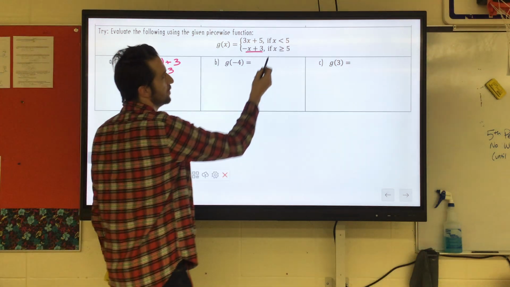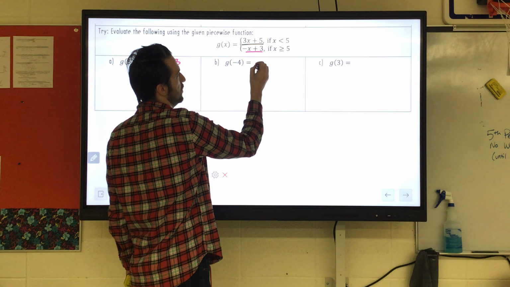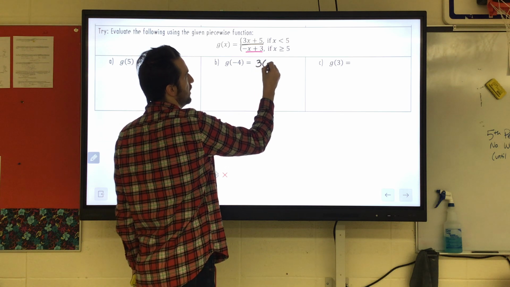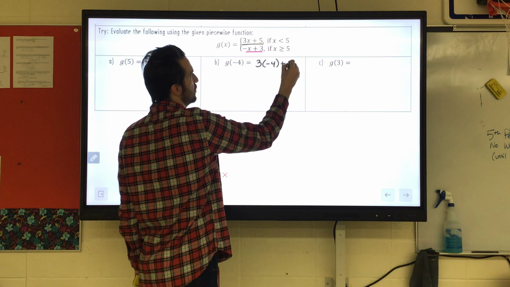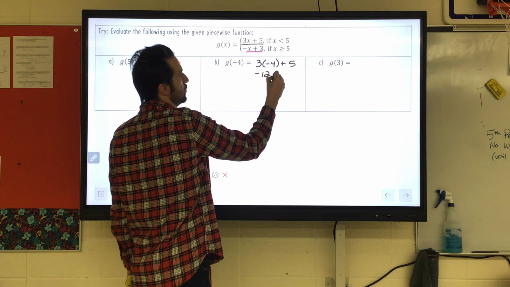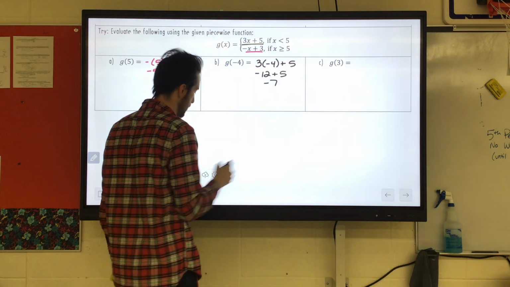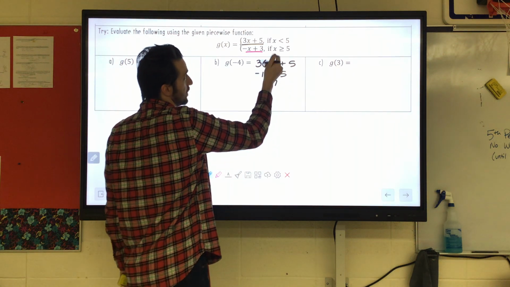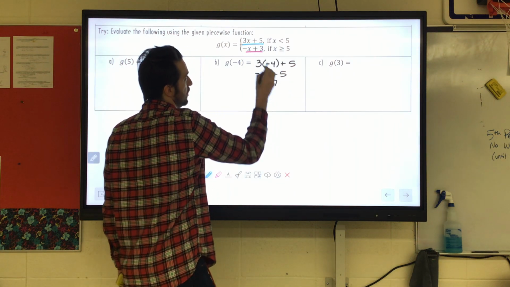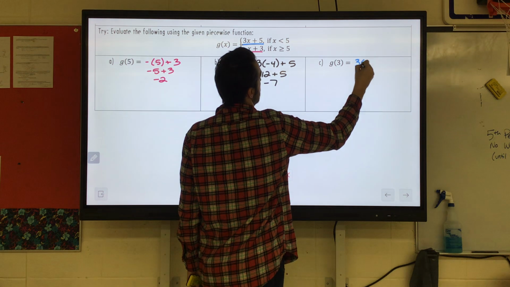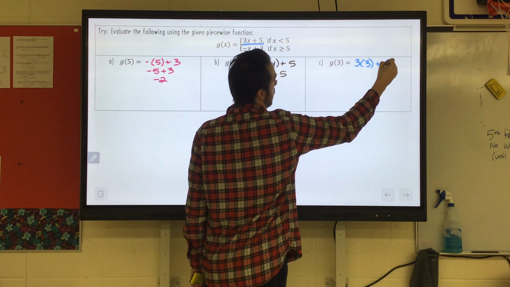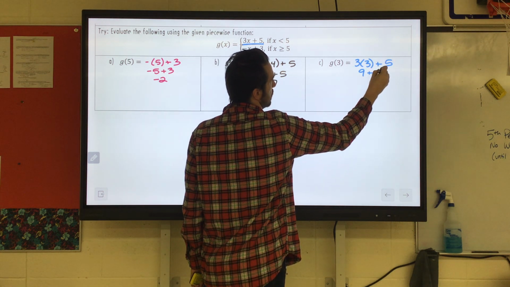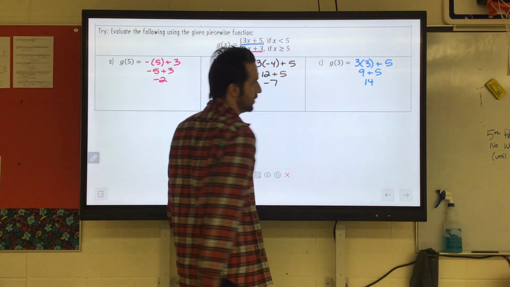Negative 4 is less than 5, so we're using this equation, 3x plus 5: 3 times negative 4 plus 5. Negative 12 plus 5 is negative 7. And the last one, 3 is less than 5, so we're going to use this equation, 3x plus 5. 3 times 3 is 9, plus 5 is 14.